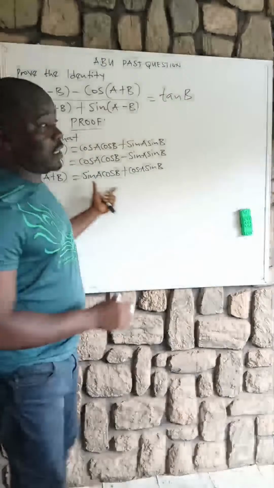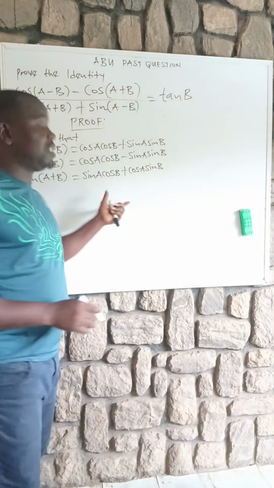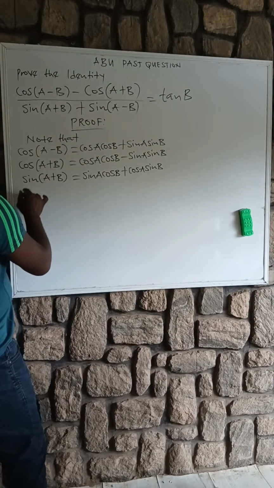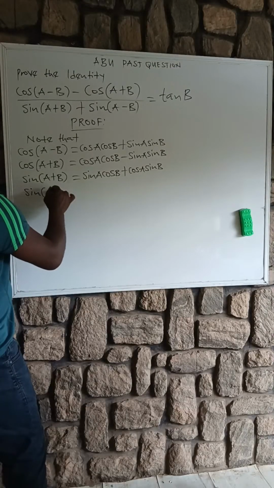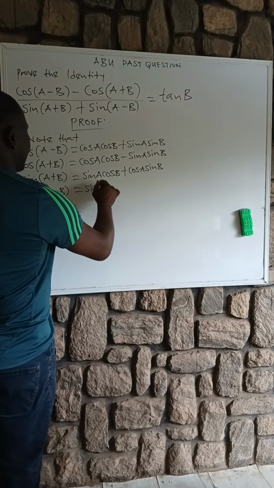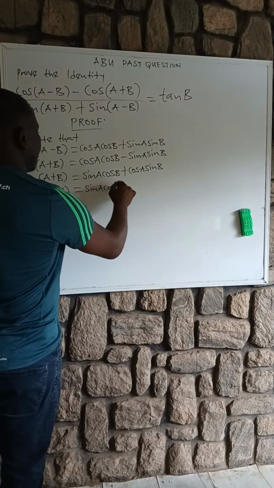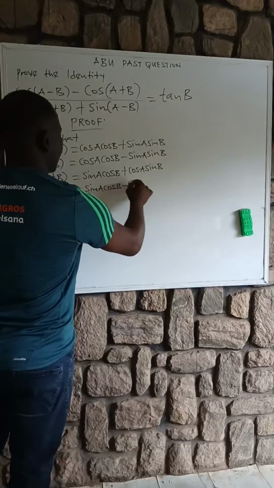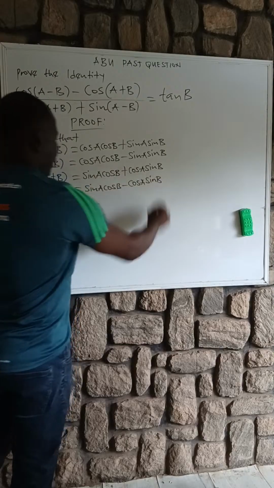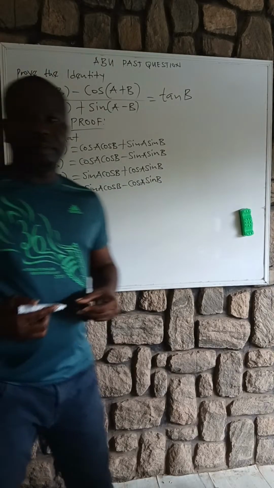If you don't have the idea of all these identities, I don't think you'll be able to prove this. Then sine(A minus B) is equal to sine A cos B minus cos A sine B. Look at the board very well. Do you agree with me? Any question?